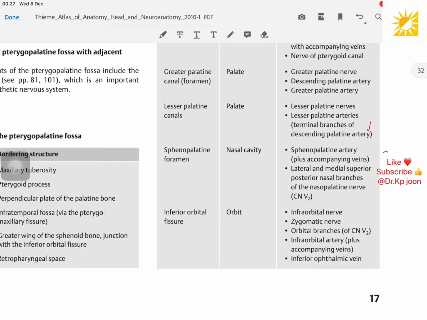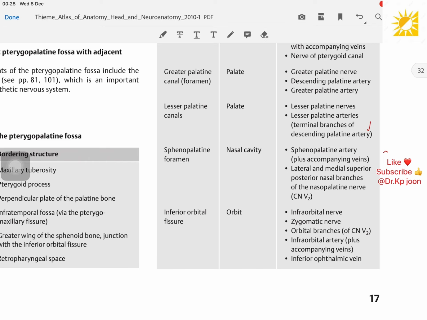Next is the sphenopalatine foramen, from the nasal cavity, and the structures are the sphenopalatine artery plus accompanying vein, and the lateral and medial superior posterior nasal branches of the nasopalatine nerve.